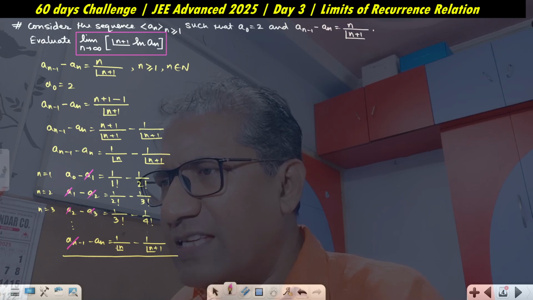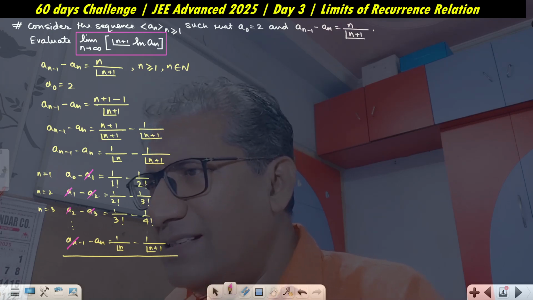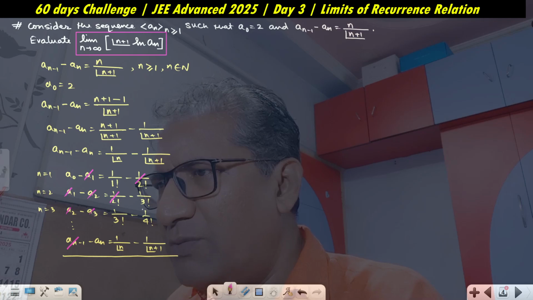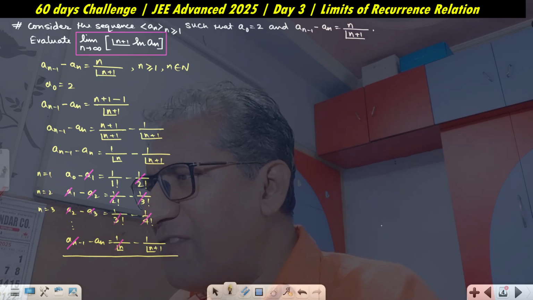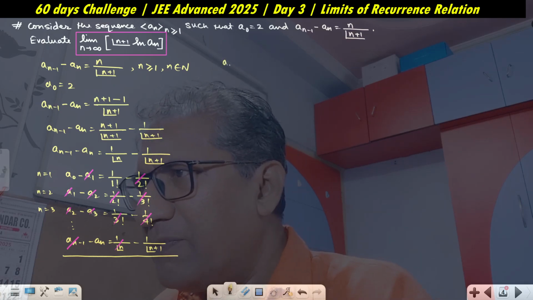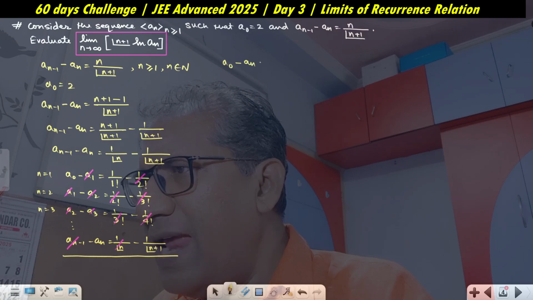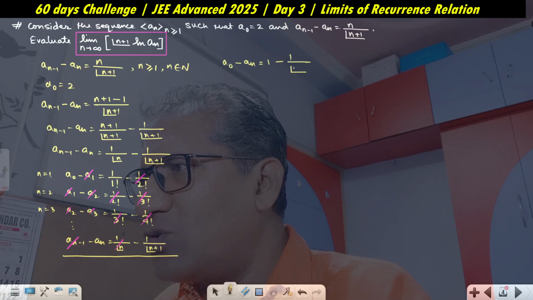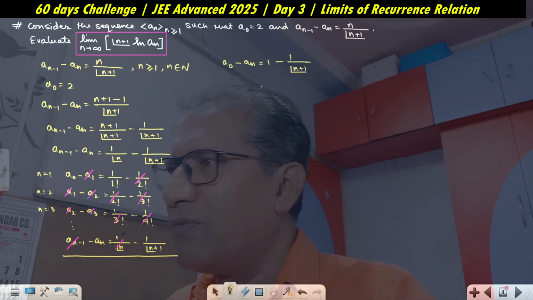So obviously this term will also get cancelled. And on the right hand side again, these terms will get cancelled. So we will be left with, on the left hand side, a0 minus a_n, which equals 1 minus 1 over factorial n plus 1, right?